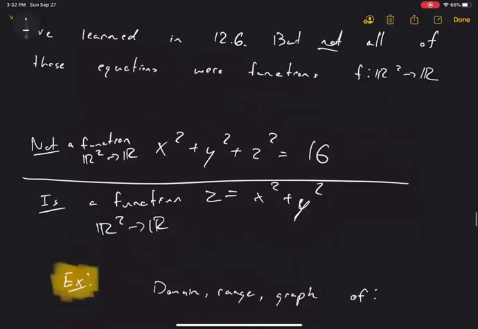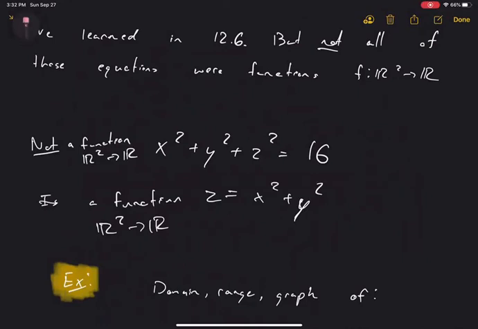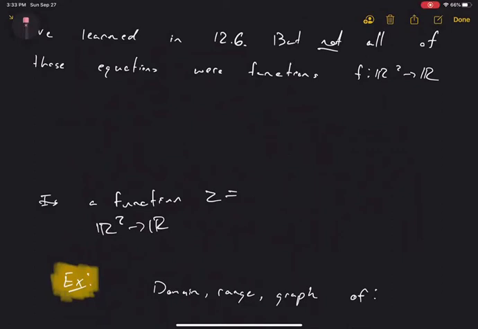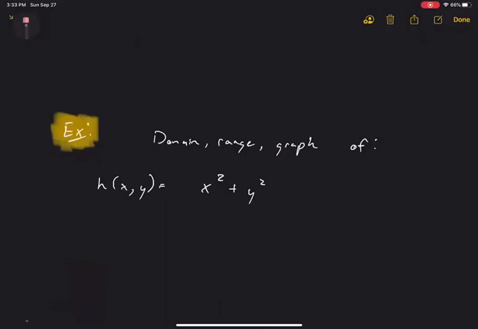Well, before we do that, let's talk about graphing a little bit. We've seen the graphing techniques in 12.6, so there's really no new material as far as graphing these multivariable functions goes. Okay, so let's find the domain, range, and the graph of h of xy equals x squared plus y squared.